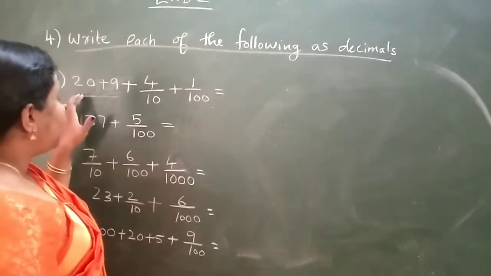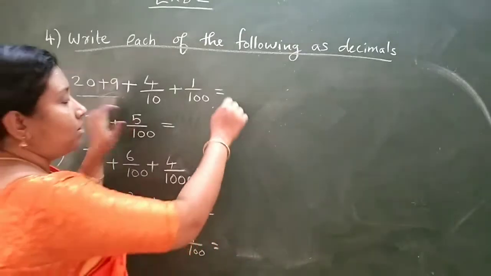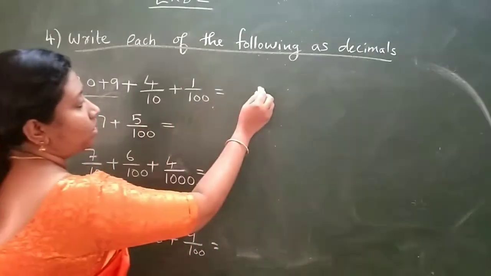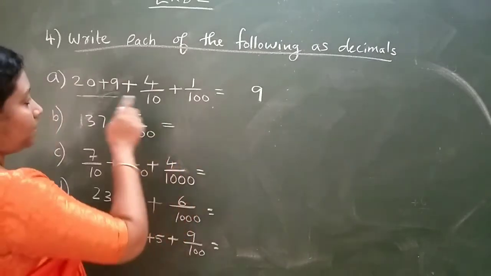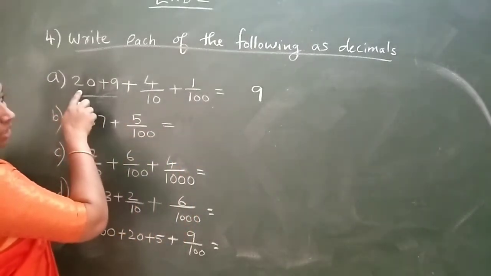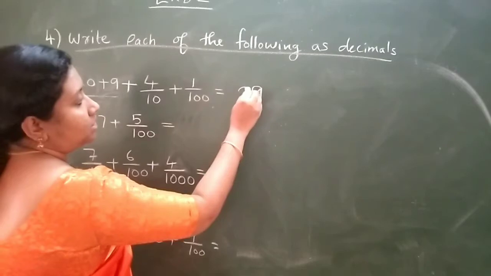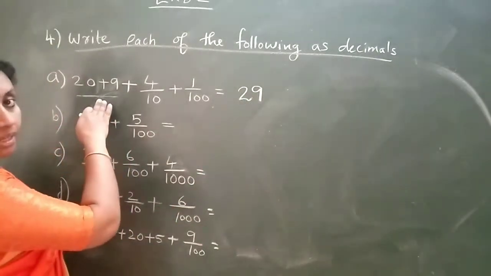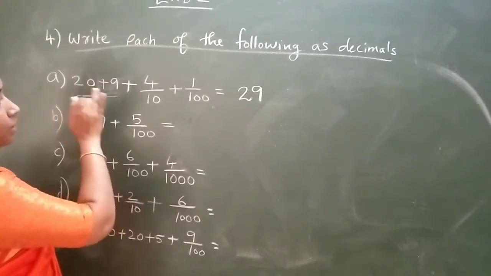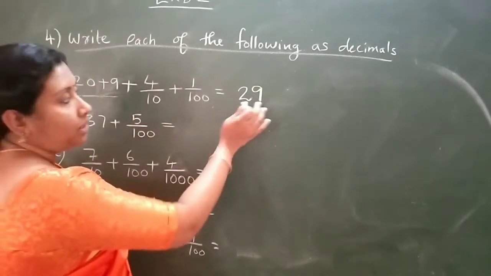It's 20 plus 9. That means 9 is in the ones place. Which is the next place? Tens place. Here 20, that is in the 10th place number is 2. So what is the whole number part here? 29. Otherwise 20 plus 9 is equal to 29.